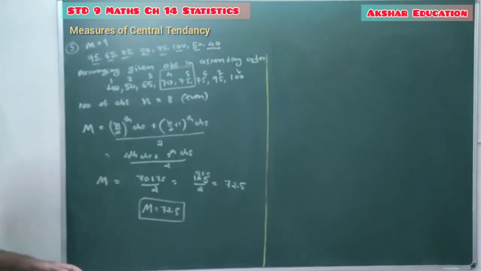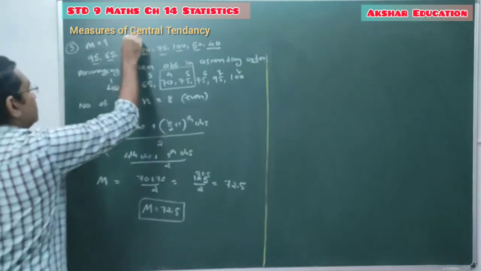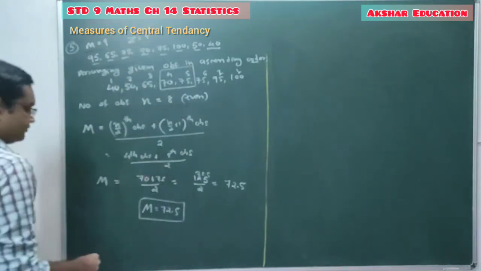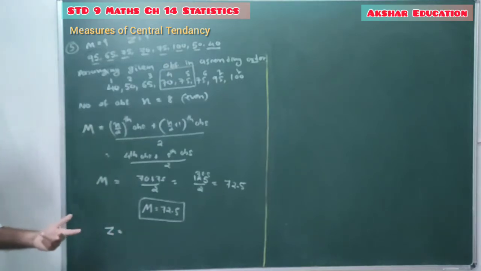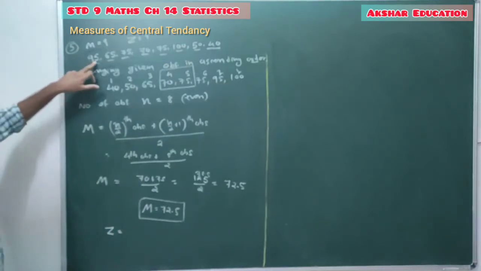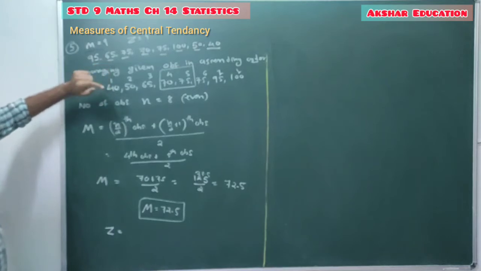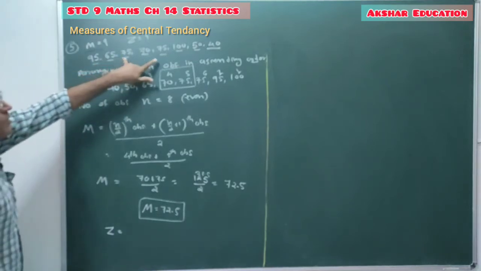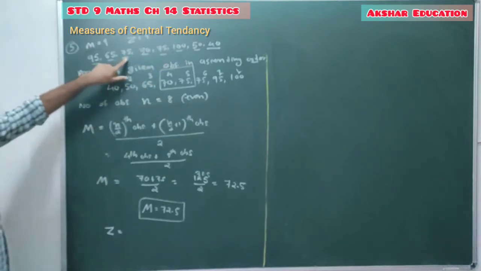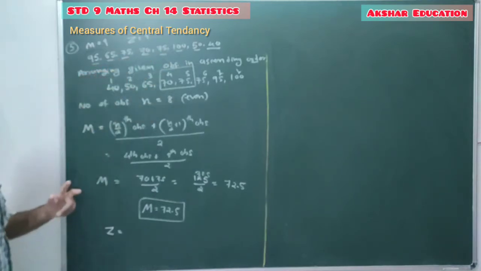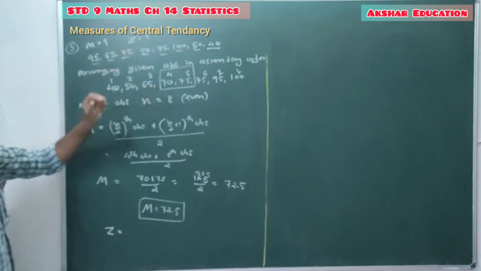Suppose the question is, what is the mode of this given data? Mode is very simple. Mode is nothing but the observation which occurs the maximum times. So here 95 occurs one time, 65 one time, 75 two times, 70 one time, 100 one time, 50 one time and 40 one time. So the frequency of observation 75 is 2 because 75 occurs 2 times.